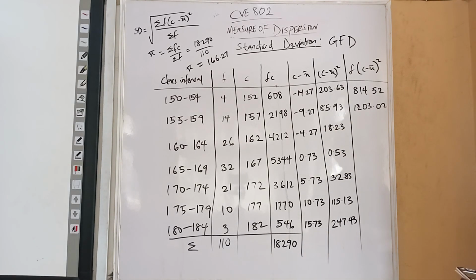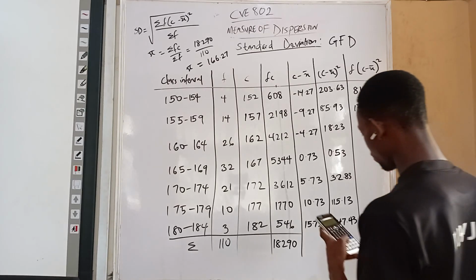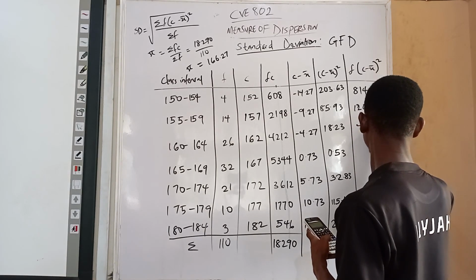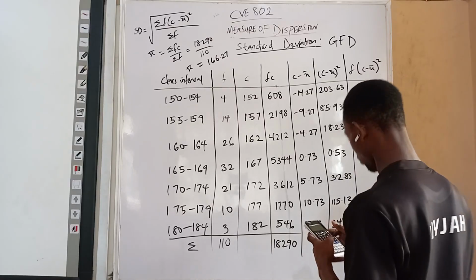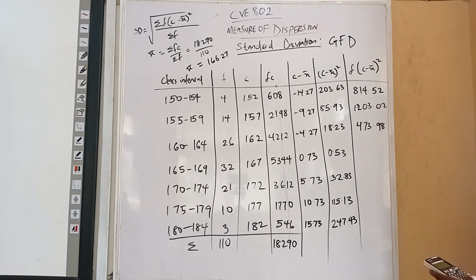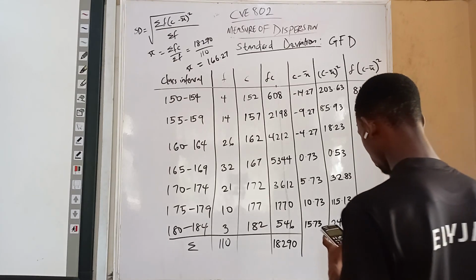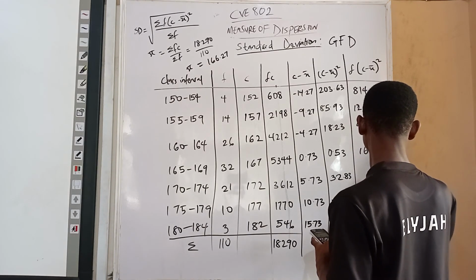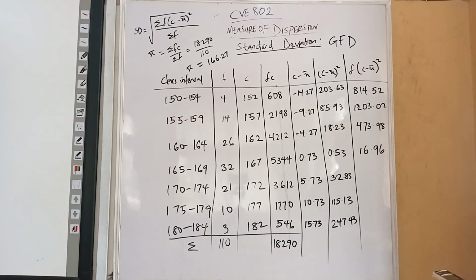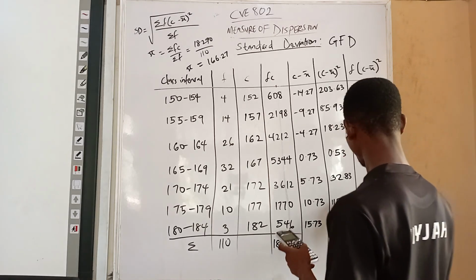Then 26 times 18.23 is 473.98. Then 32 times 0.53 is 16.96. Then 21 times 32.83 is 689.43.